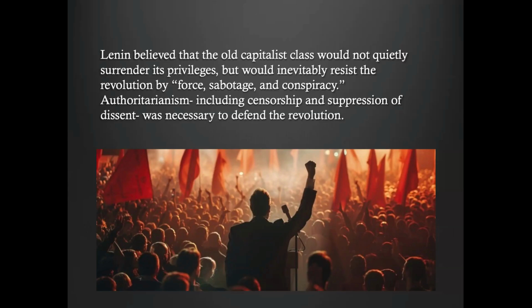There was a lot of hostility and resistance, and in fact, a civil war. So authoritarianism, including censorship and suppression of dissent, was necessary to defend the revolution. That was just the compromise that Lenin had to make.